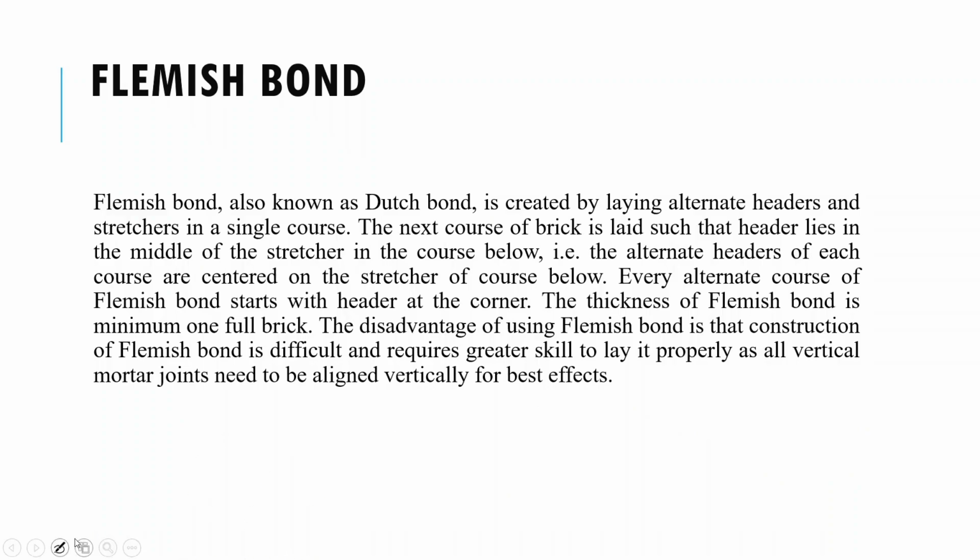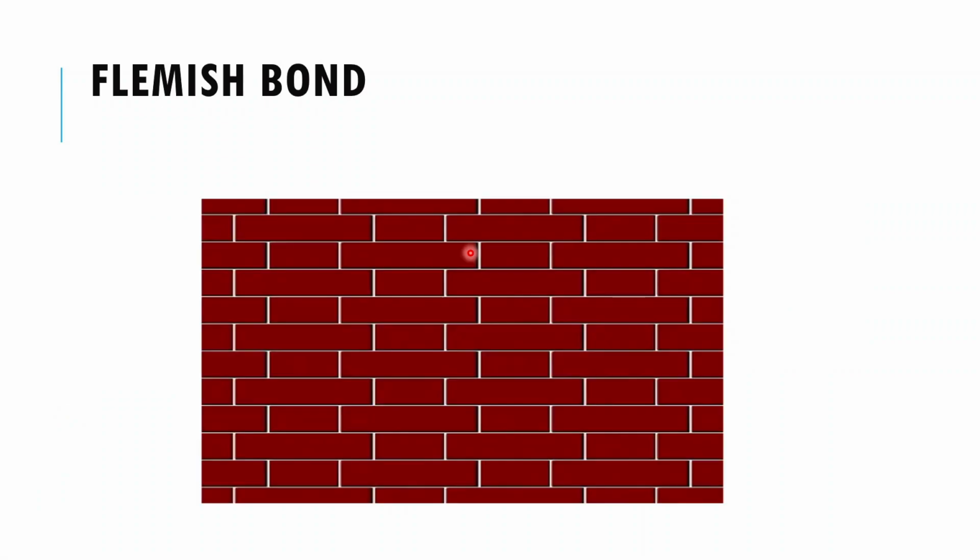Next one is your Flemish type of bond. The Flemish bond is also known as the Dutch bond, where we lay alternate headers and stretchers. In English bond, we saw that each course is made up of one variety. One layer is header bond, the other layer is stretcher bond.